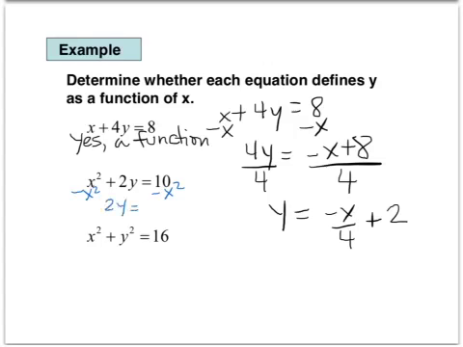Now 2y is equal to, again, it doesn't really matter the order as long as you have the sign correct on those, 10 minus x squared, and then divide everything by 2, so that you have y equals 10 divided by 2 is 5 minus, and we have our x squared over 2. That one will also, no matter what x that you put in, plug in 2 for x, when you solve, you'll only get one answer for y.